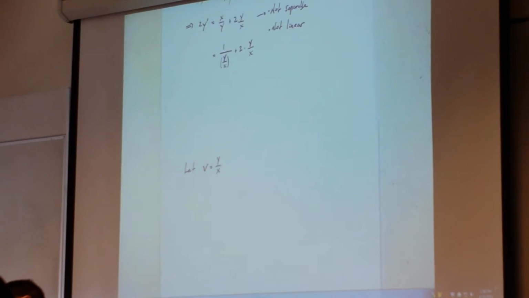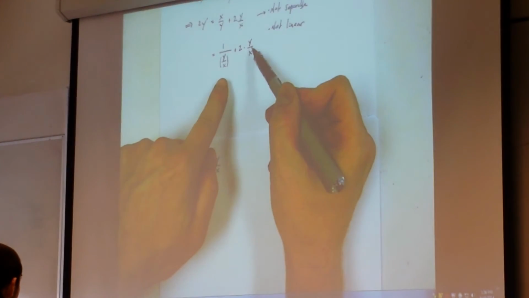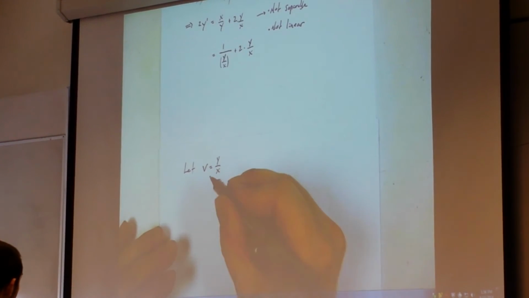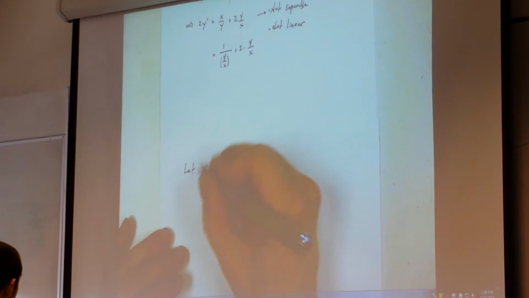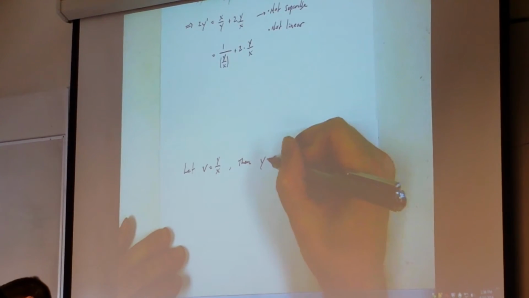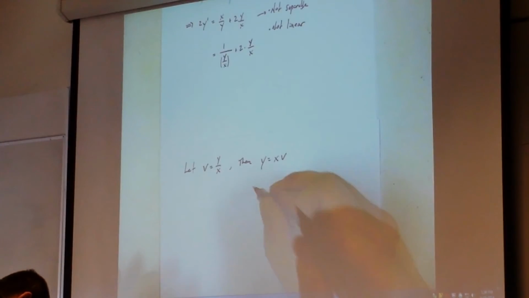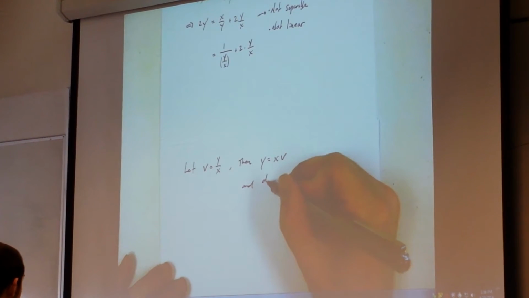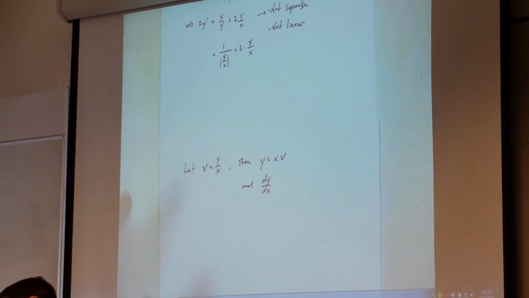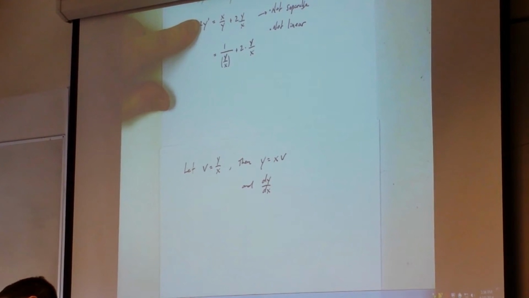Okay? Then those would both be v's. So we're going to transform it into an equation involving a different variable. Okay? But we got to keep track of some things first. If that's the case, then if I multiply both sides by x, y equals xv or vx. And then the derivative of that with respect to x, and I want to do that because my original problem involves a dy dx.